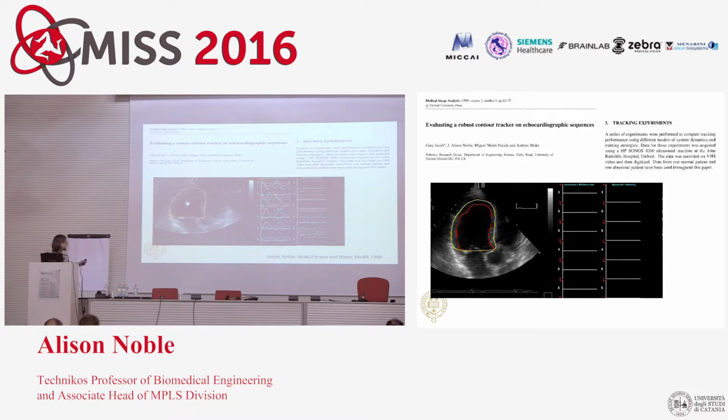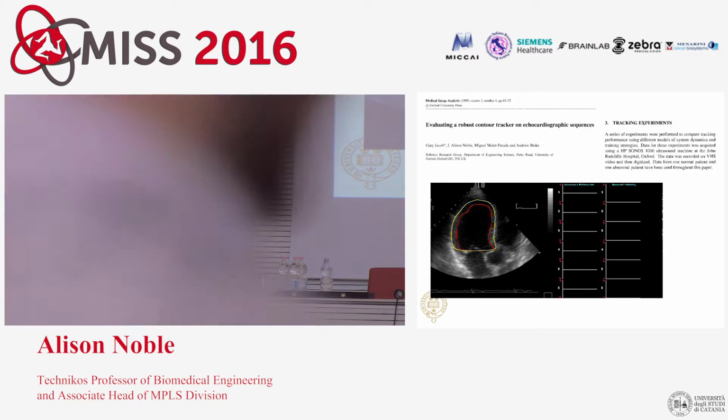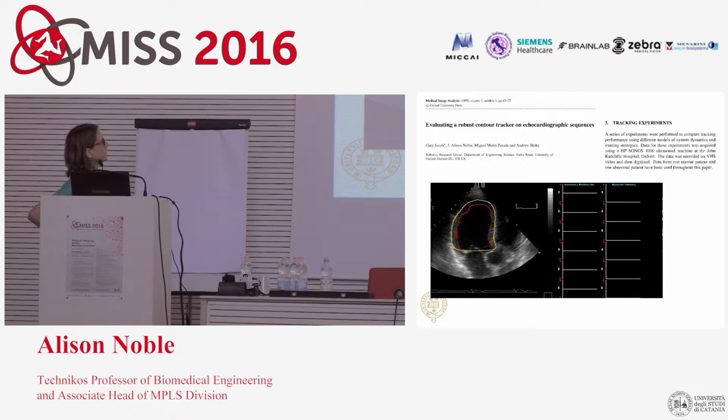But then, going back and reading the paper, this was the challenge. Bear in mind it's 1999. If you look at what the experiments were, it said a series of experiments were performed to compare tracking on different models, system dynamics and training strategies. We acquired data on an HP Sonos 1000, which was a machine around at the time. The data, though, was VHS video and digitized, which dates it.